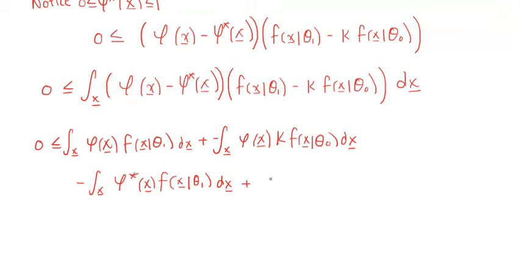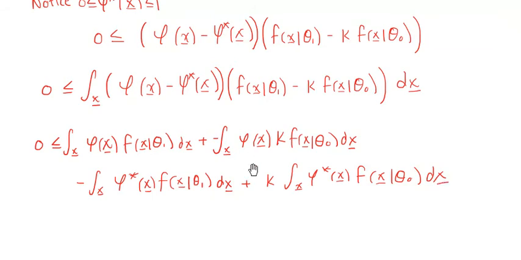And then we have plus k times the integral over x of phi star of x times f of x given theta naught dx.